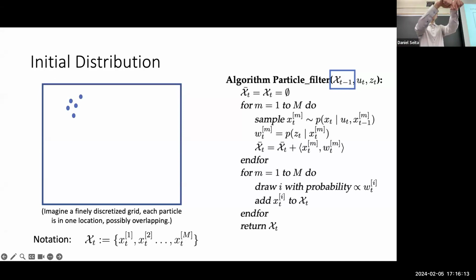If you have more particles concentrated in one region, it tells a practitioner that something is more likely to be there than others. So if this is our distribution and we're trying to interpret it, then if we're trying to track the unknown state of the robot, it's probably somewhere here, where the particles are.